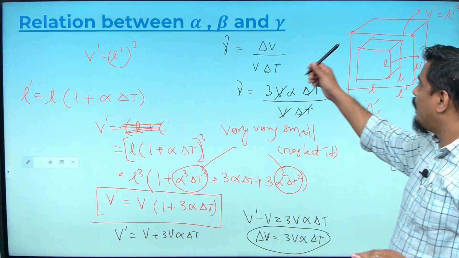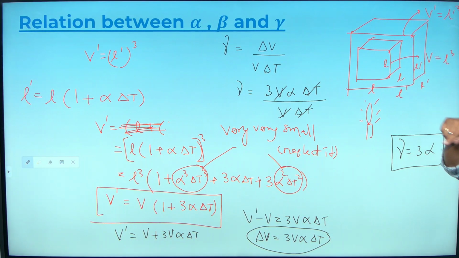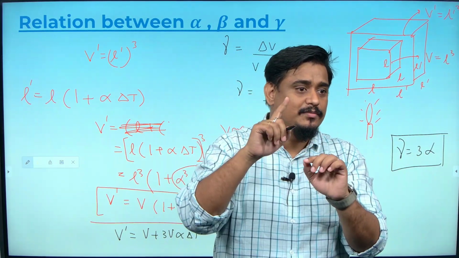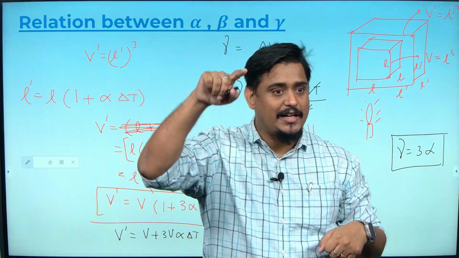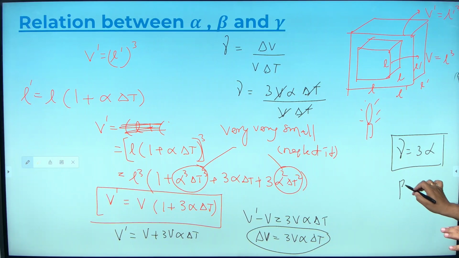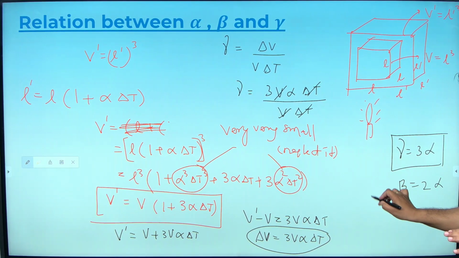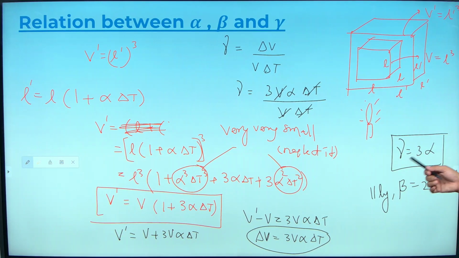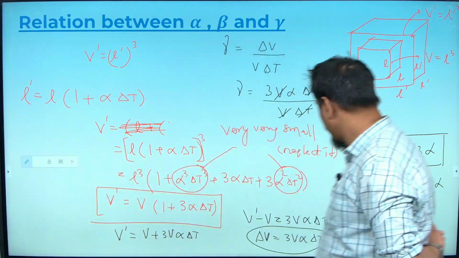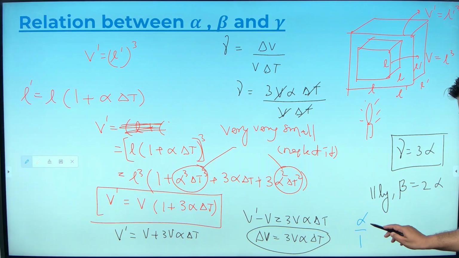Same way, if I had initially taken a single sheet of L cross L and heated it, the area would become A equal to L dash square, and following the same derivation steps, I would have got beta as 2 alpha. Since beta is 2 alpha and gamma is 3 alpha, the relation between alpha, beta and gamma is alpha by 1 is equal to beta by 2 is equal to gamma by 3.